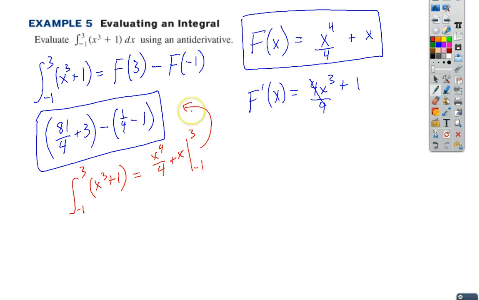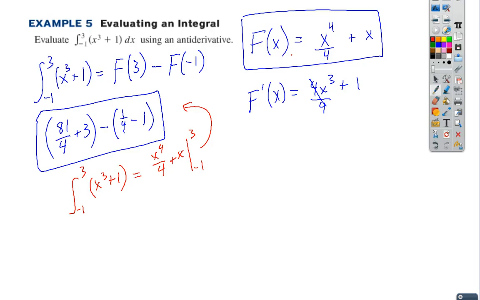So there are two ways to do this. This is the more compact way of doing it, and it shows the fundamental theorem of calculus. Either way, whichever one best suits you.